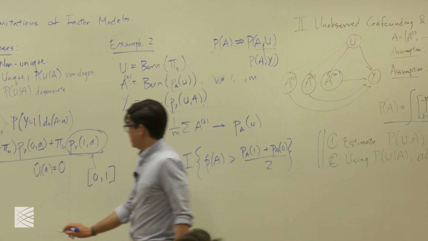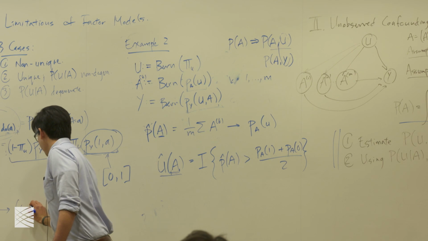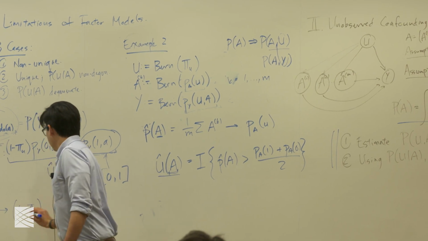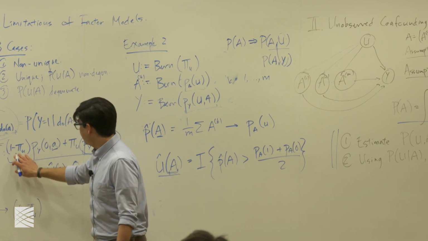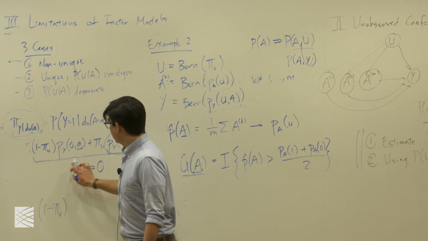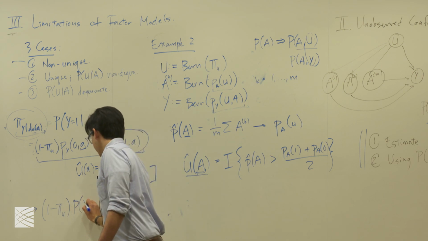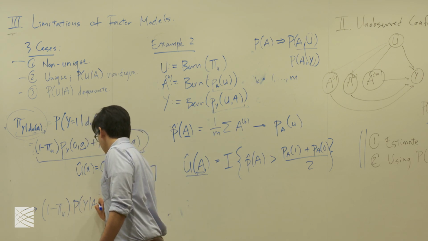OK, so when we do that, in the limit, what ends up happening is we can evaluate this expression here for the 1 minus pi u case, where all of our data is going to come from this particular case. So we can just plug in y given a is equal to a.